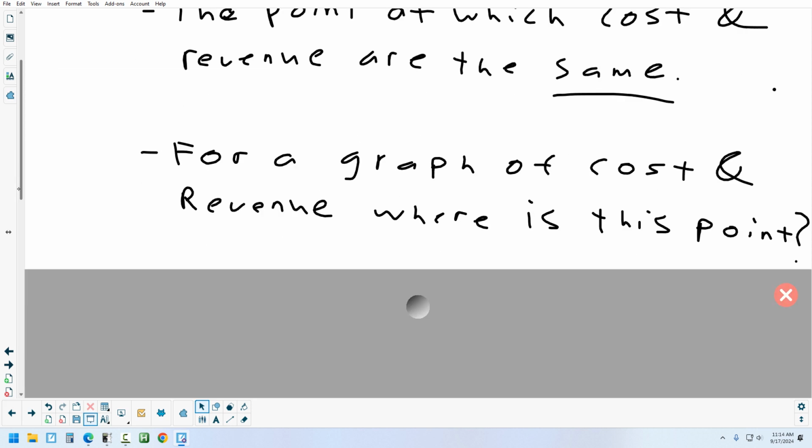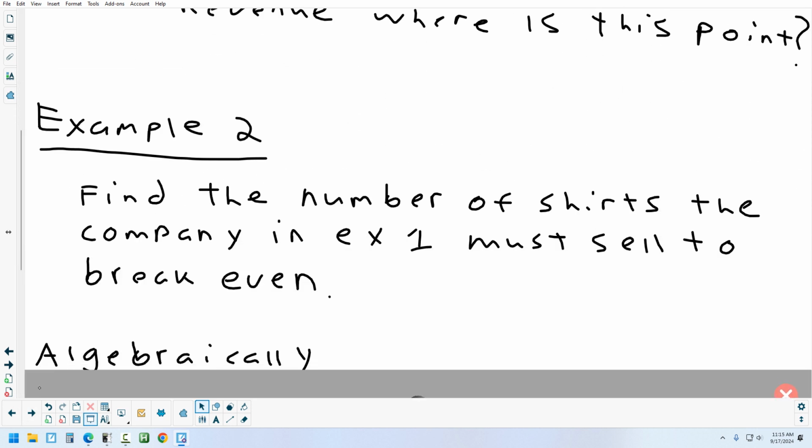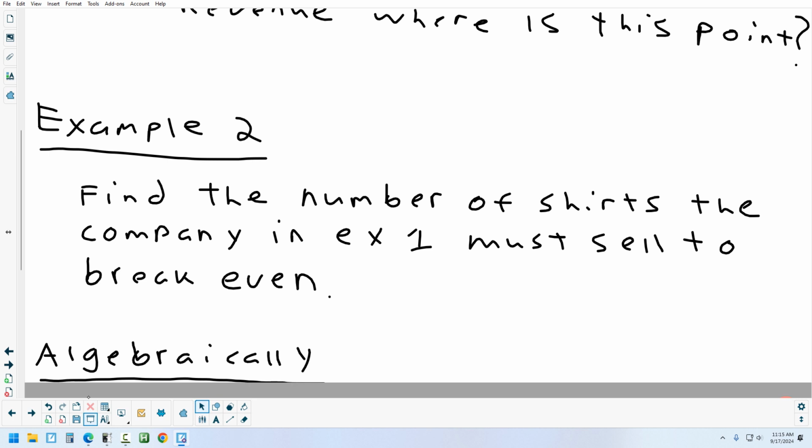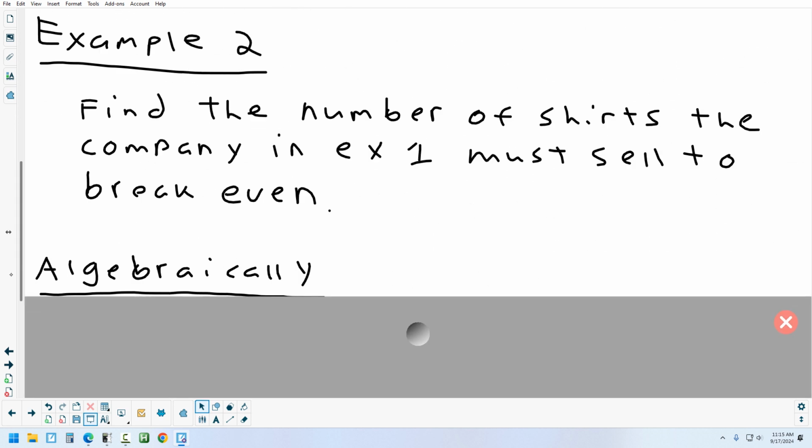Now, we've already done it graphically. Let's do the same problem again, but algebraically. So remember, algebraically is where cost is the same as revenue.